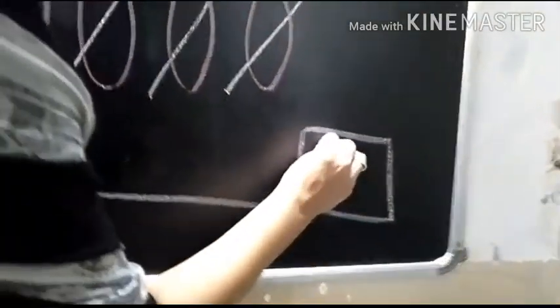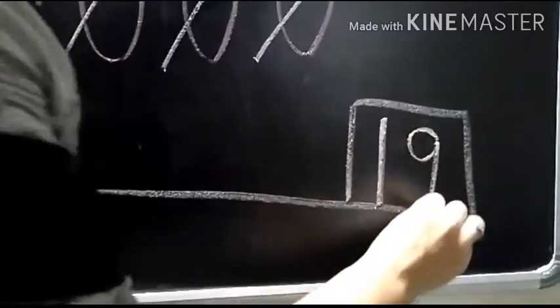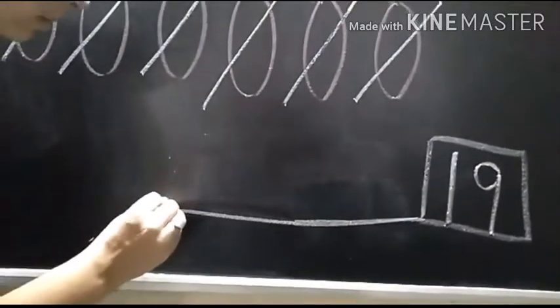Come on, let's write in the box. How many ovals are there? 19. Come on, let's see its spelling.